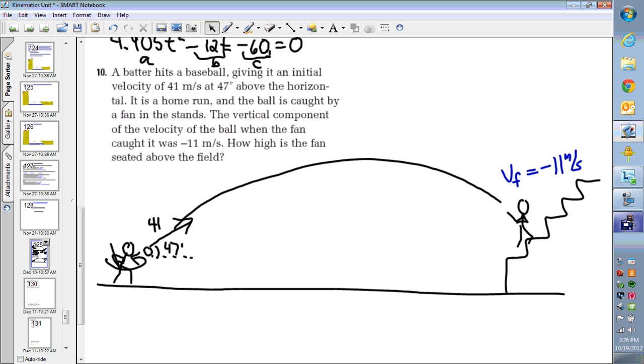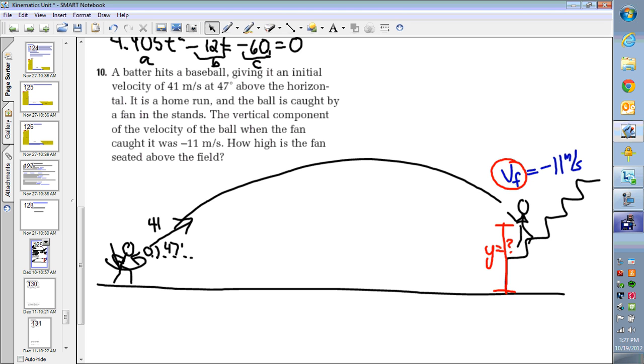At the second that it's caught, the vertical component of the velocity, so the instant it's caught, the VF, the final speed, is 11 meters per second, and it's going down, not up. So it's a negative 11 meters per second. How high is the fan above the ground at that instant? So at the instant that your speed is 11 meters per second downward, what is the height of the fan?